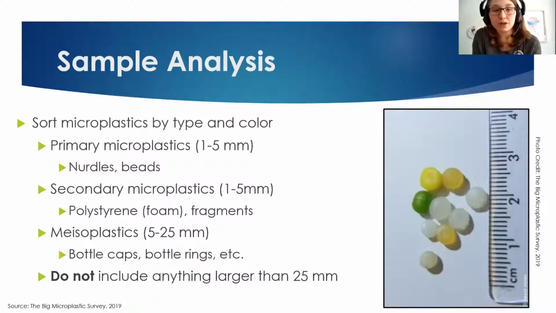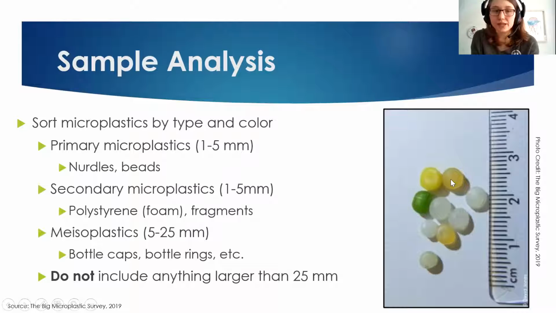And when you go home and you're looking at the microplastics, they want you to separate it in a very specific way. So they want you to separate it by type and by color. So they have 3 broad categories that you can place your microplastics into. You'll have your microplastics. So these are your nurdles and your beads. So here's an example of some nurdles. So you'll see that they're different colors. They're small, they're round.